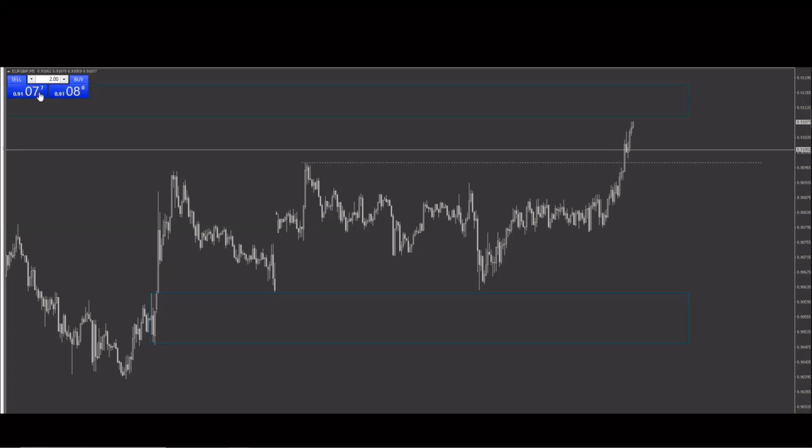So I'm just watching price as it runs up into the level. And when it tags it, I just sell at market, and my stop goes above the liquidity base there.